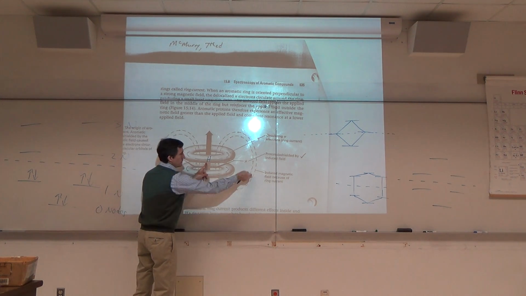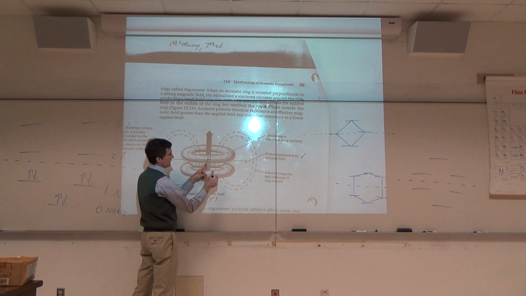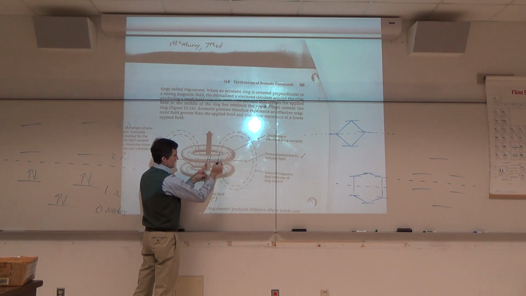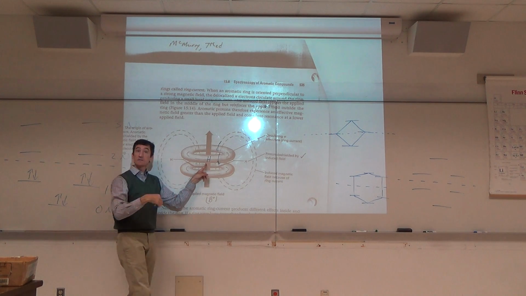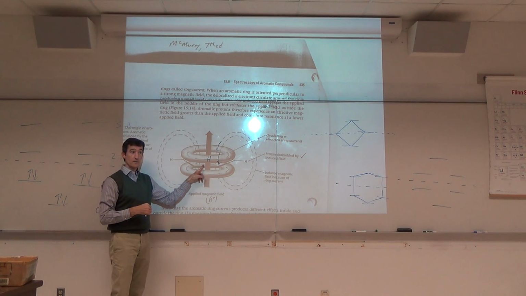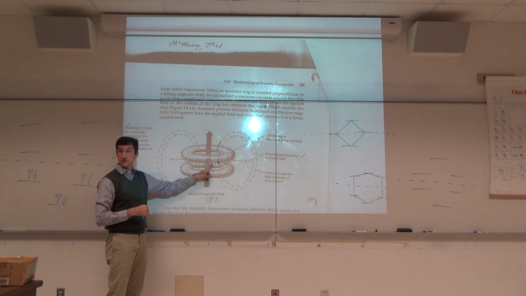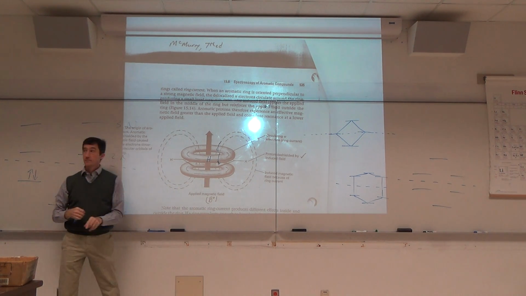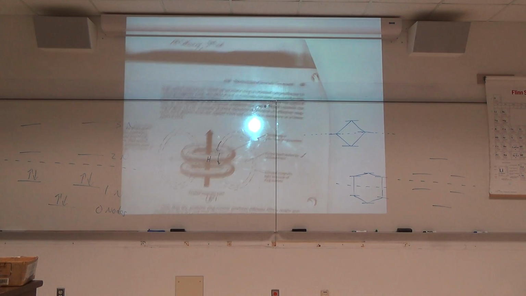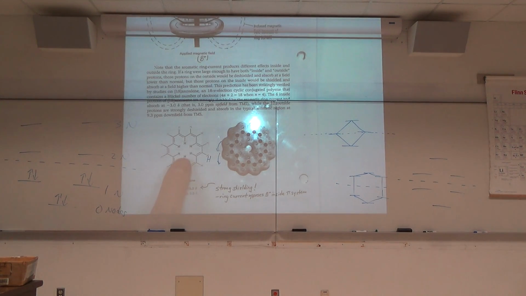Well, how is the local current in the middle? You see this? In the middle, it's actually shielding. See, these H's are sitting in the middle there and experiencing a strong shielding effect.